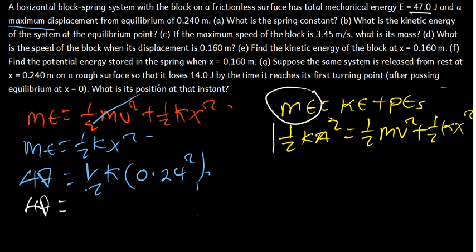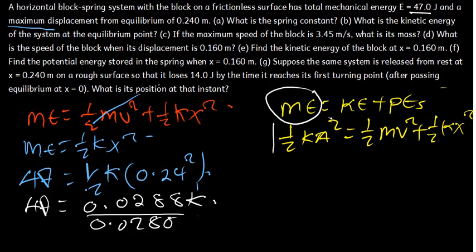Then I'm getting 0.0288k. We divide both sides by 0.0288, so we have 47 divided by 0.0288. Okay, so what is our k value?